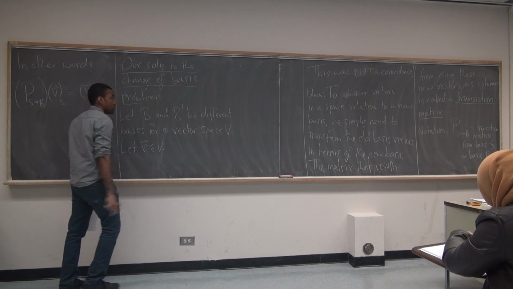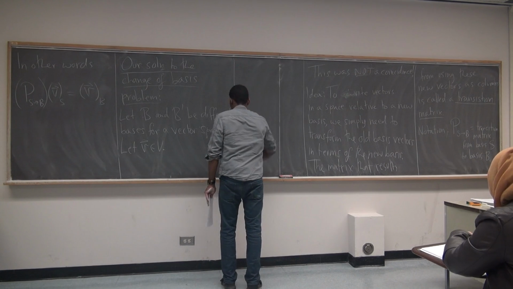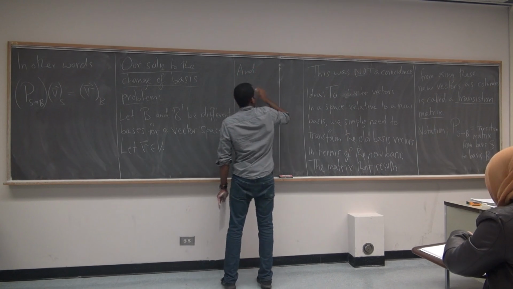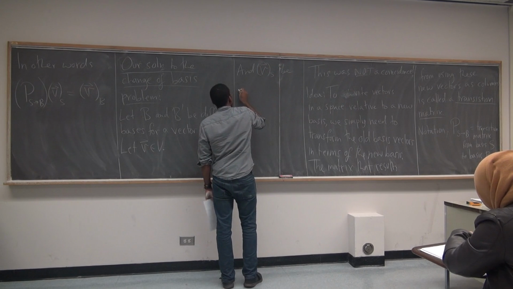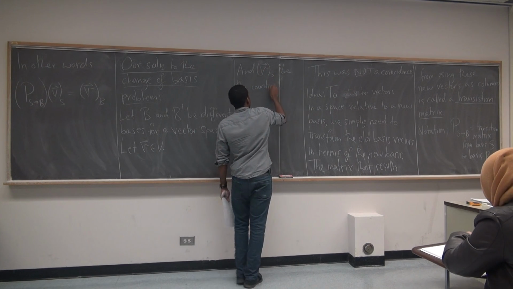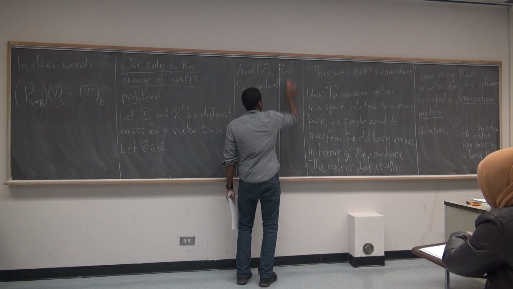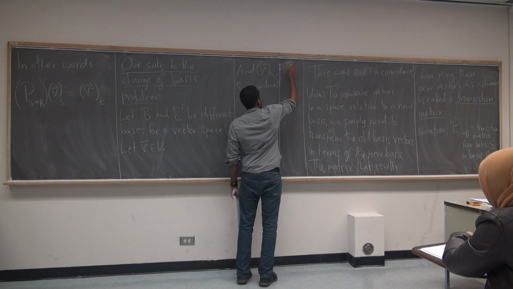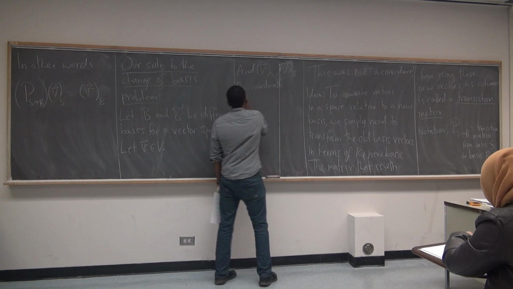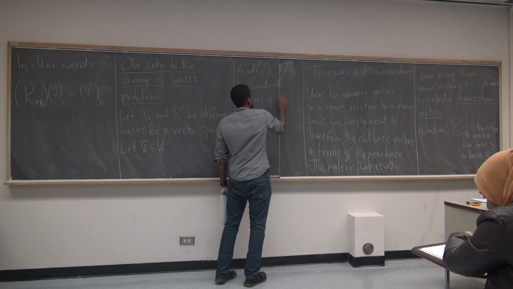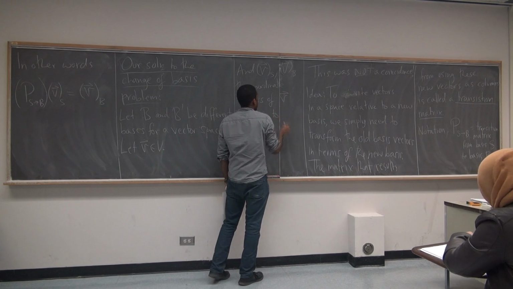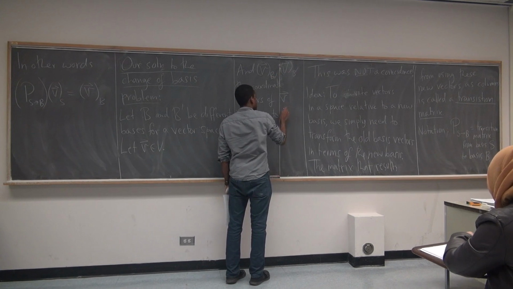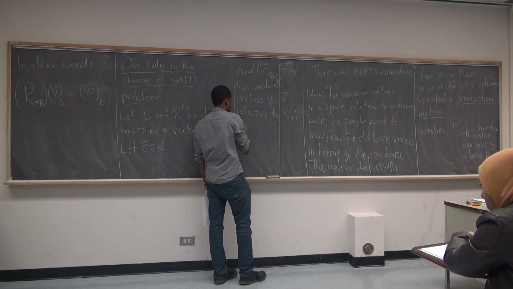Let v be in the space, and let its coordinate vectors relative to B and B prime be [v]_B and [v]_B prime respectively.